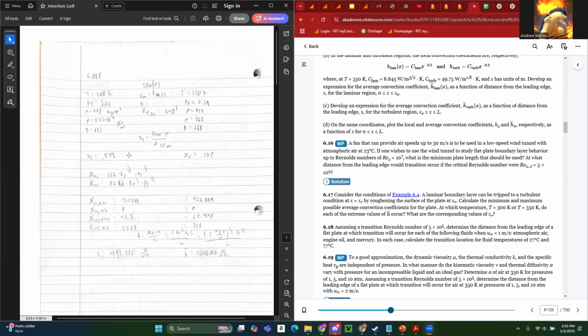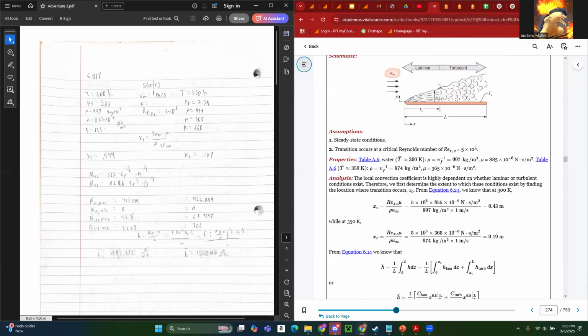So plugging all that in will give us a distance of 0.44 meters at 300 Kelvin and 0.187 meters at 350 Kelvin.